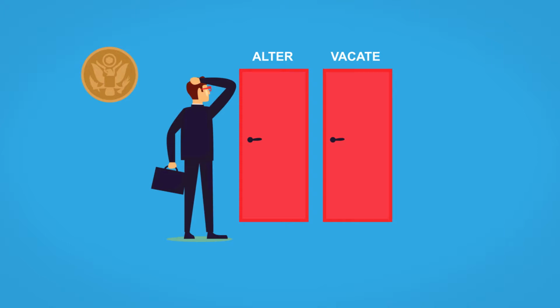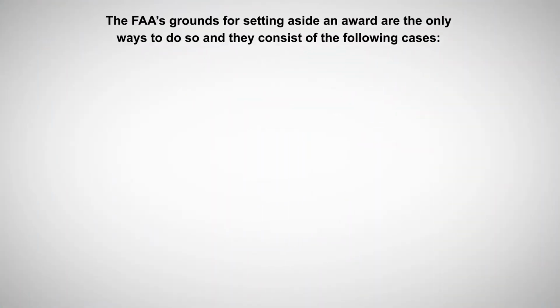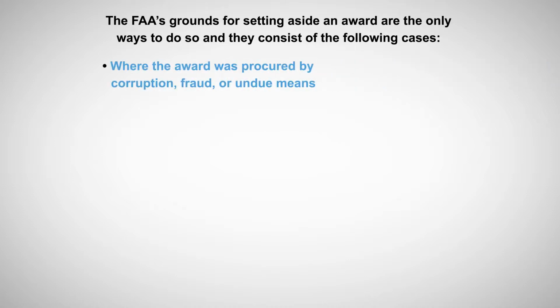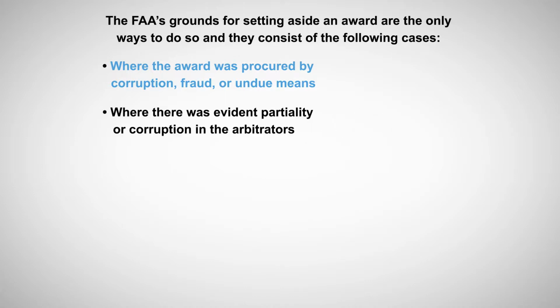The FAA's grounds for setting aside an award are the only ways to do so, and they consist of the following cases. 1. Where the award was procured by corruption, fraud, or undue means. 2. Where there was evident partiality or corruption in the arbitrators. 3.